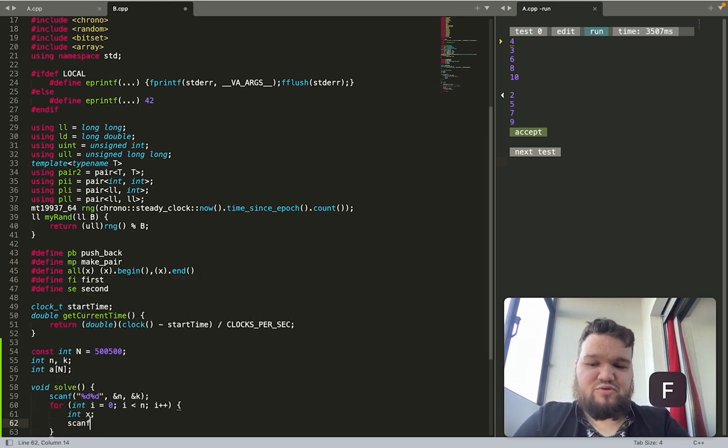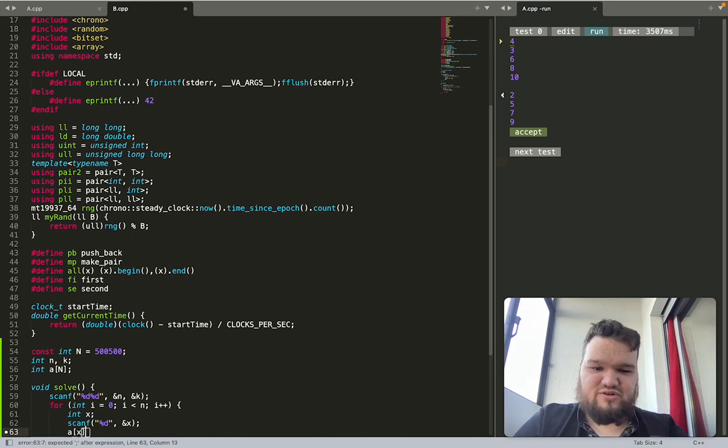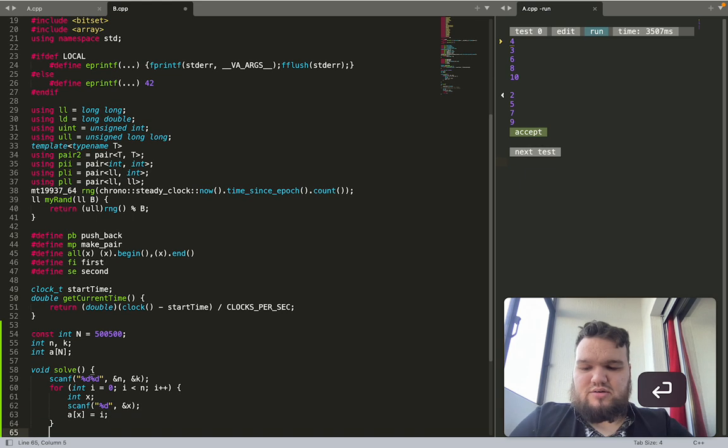We're reading our permutation, but we only need the inverse permutation. So we can just read all the elements and then say, okay, for this element, it's on position i.